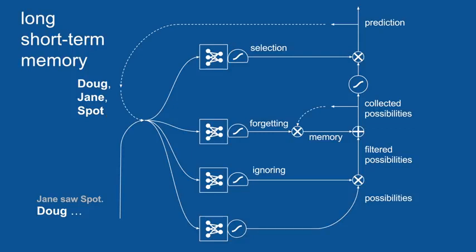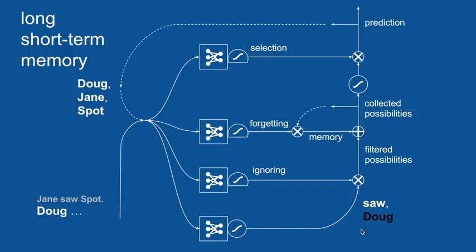So we have our new information, which is the word Doug. We have our recent prediction, which is Doug, Jane, and Spot. And we pass these two vectors together to all 4 of our neural networks, which are learning to make predictions, to do ignoring, to do forgetting, and to do selection. So the first one of these makes some predictions.